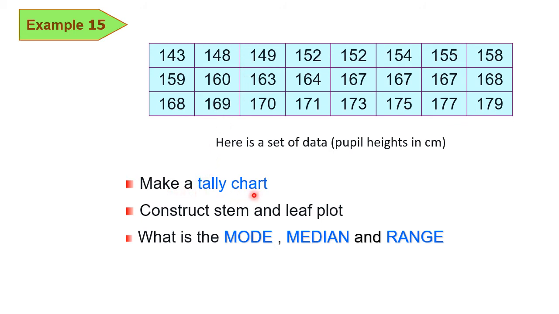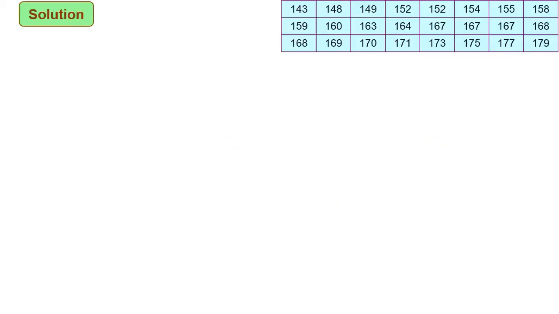Make a tally chart and then construct the stem and leaf plot, and then find the mode, median, and range. We have to make a tally chart first before we move to the stem and leaf plot, but I think we can just go straight to stem and leaf.